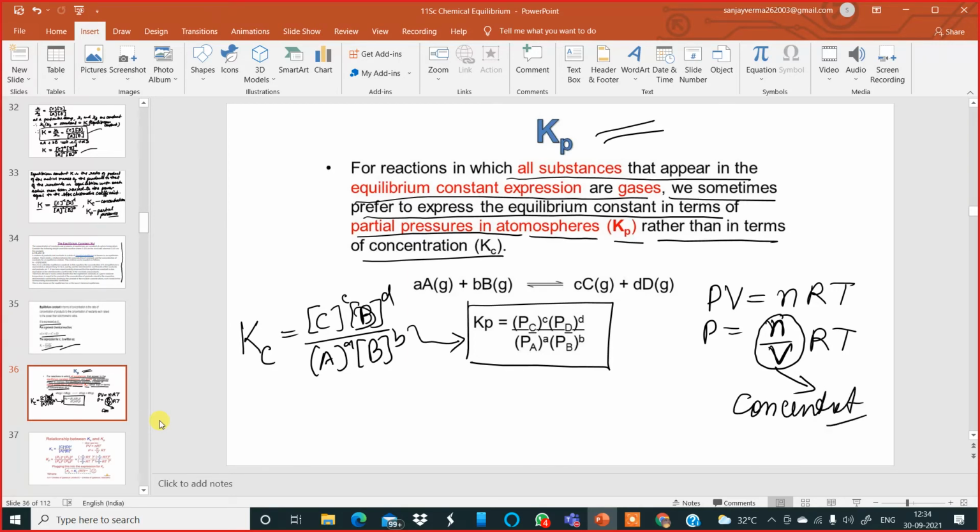So if I introduce this term n by V, this is the pressure, partial pressure. So if in place of concentration I put P, it becomes partial pressure of C raised to the power of small c, into partial pressure of D raised to the power of small d, over partial pressure of A raised to the power of small a and partial pressure of B raised to the power of small b. Okay, so this I will discuss in the next slide, where we have to find the relation between Kp and Kc.